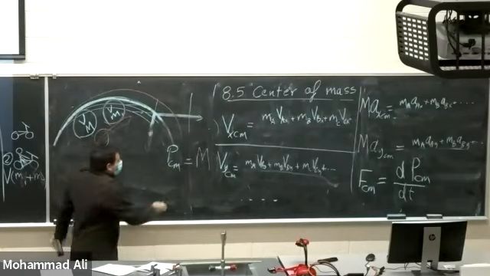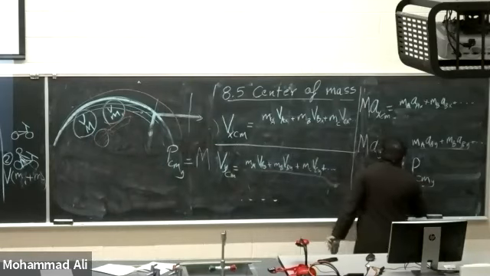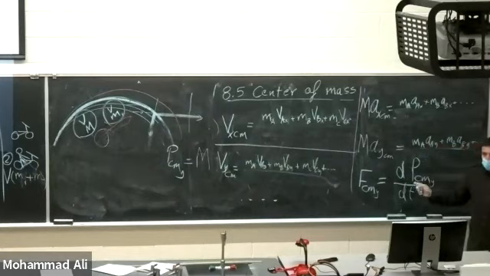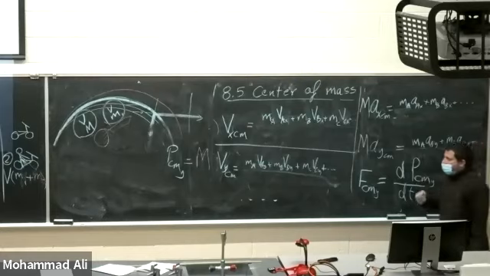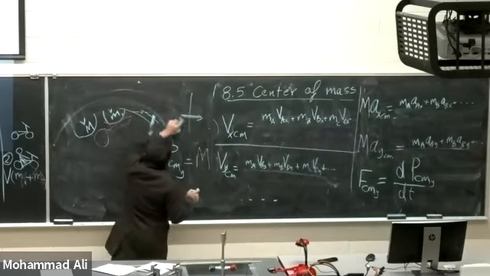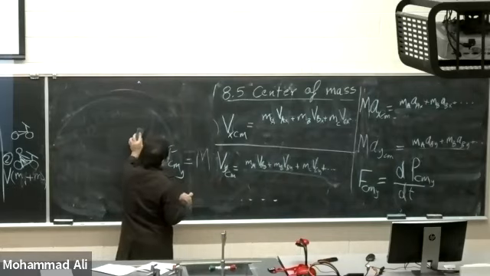This is in Y and this is in Y. This is known by us from before, that the force is the time derivative of the momentum with respect to time.